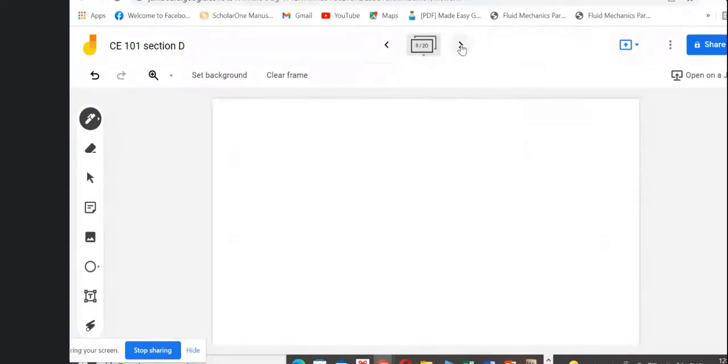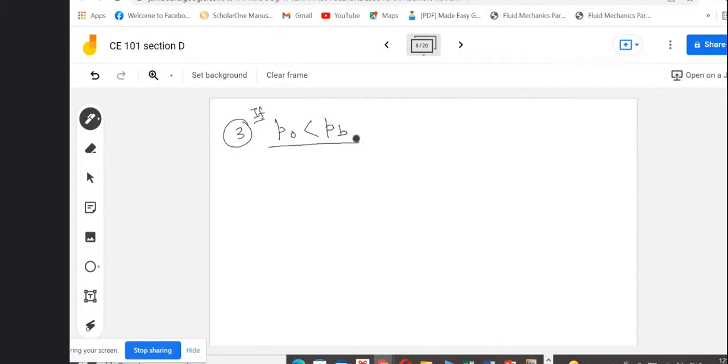So we are going for the third condition, that is if P naught is less than PB. So what happens? Let me write down the formula here.